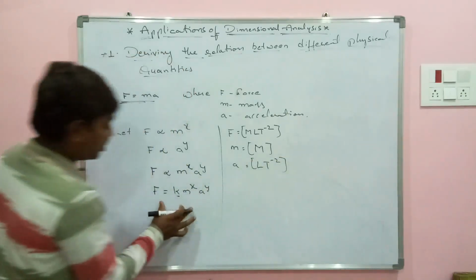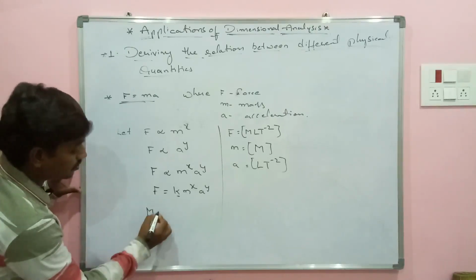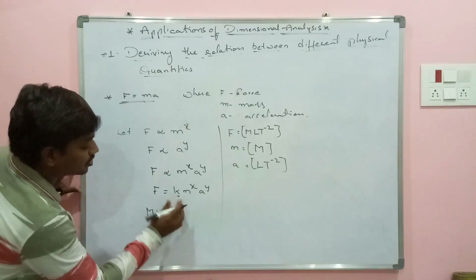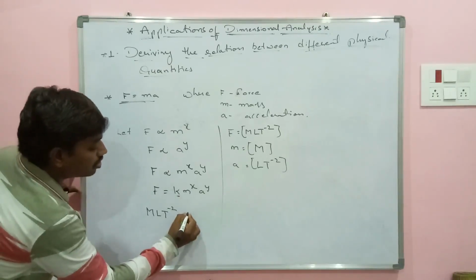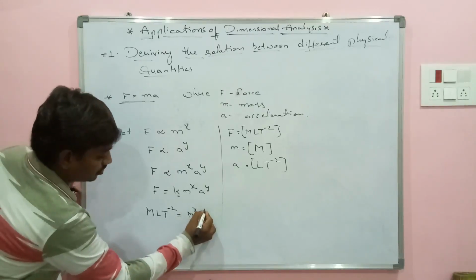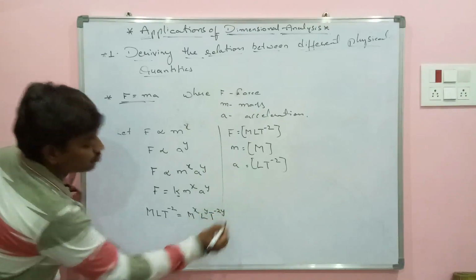Using these three, I will be getting M L T to the power of minus 2 is equal, this is dimensionless, M to the power of x, L to the power of y, T to the power of minus 2y.